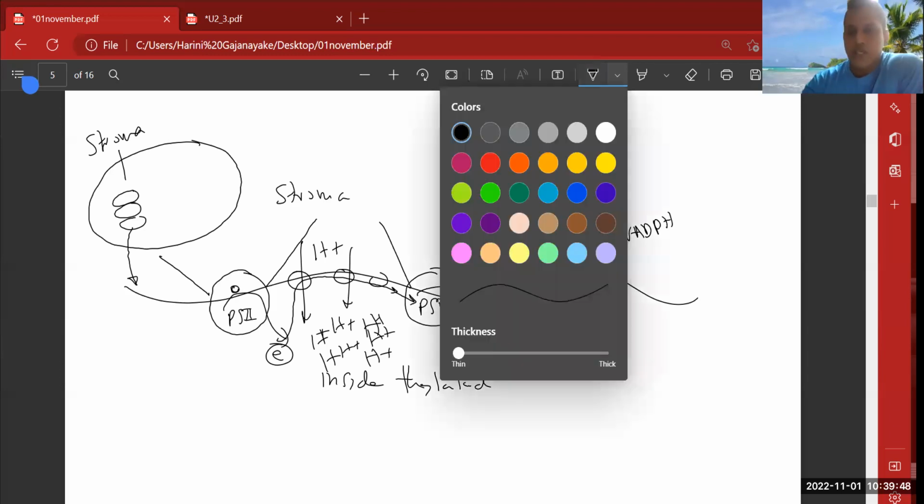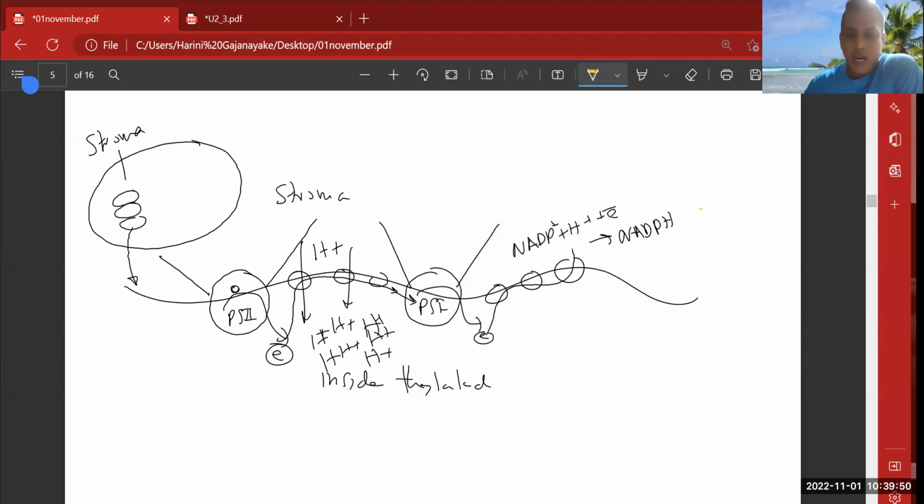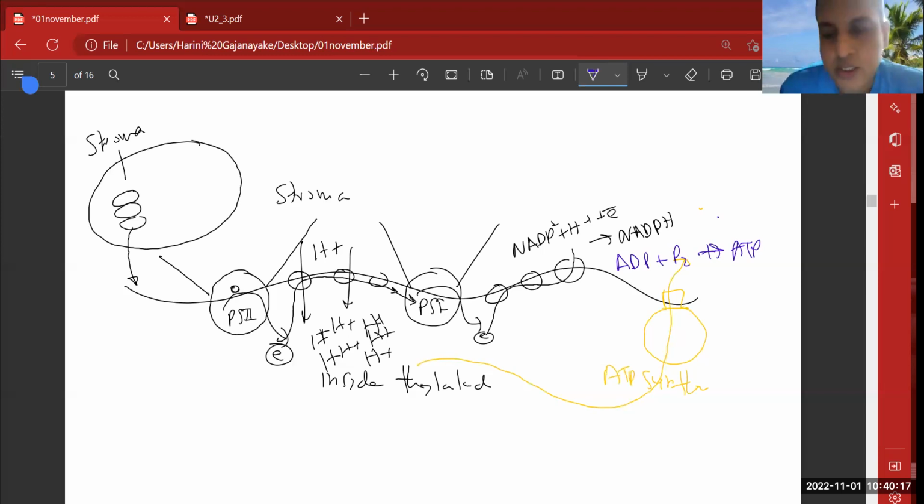And then we learned at last this hydrogen ion has a lot of potential, and this hydrogen ion can move only with this enzyme called ATP synthase. When it moves out, this energy is used to make ATP. So this is the summary of the light dependent reaction again.